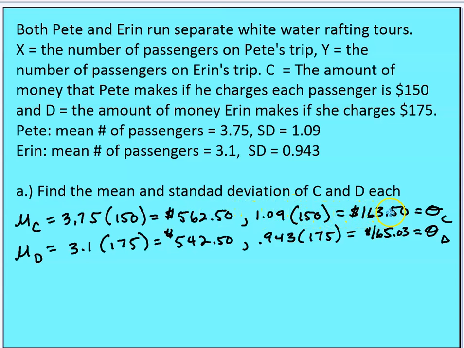That's 163.50 for the standard deviation for trip C. For Aaron, the mean amount that she makes per trip is 3.1 times 175, or 542.50, with a standard deviation of 0.943 times 175. So remember, when we multiply, we're multiplying the standard deviation and the mean value.